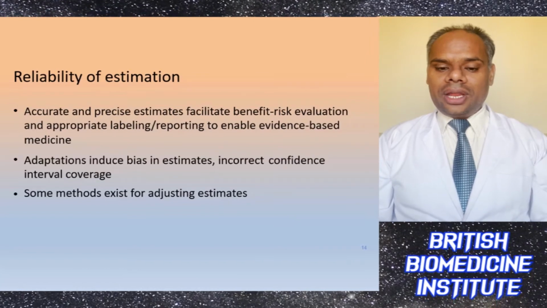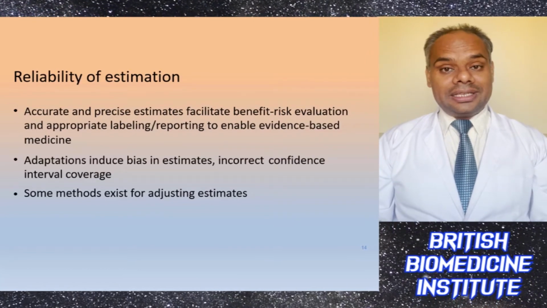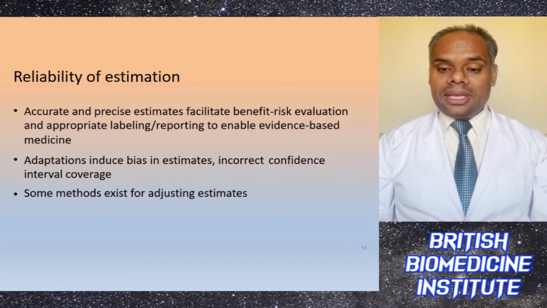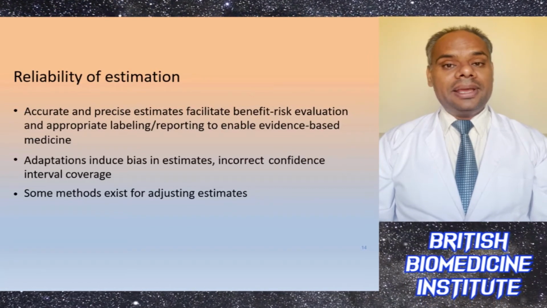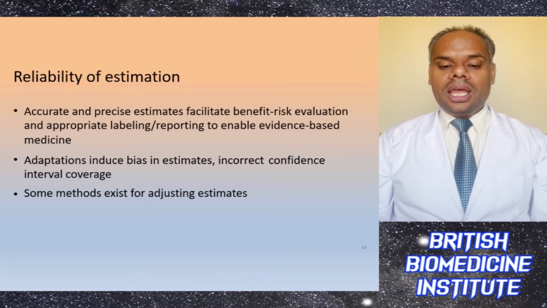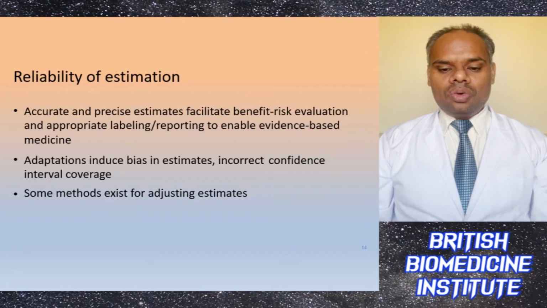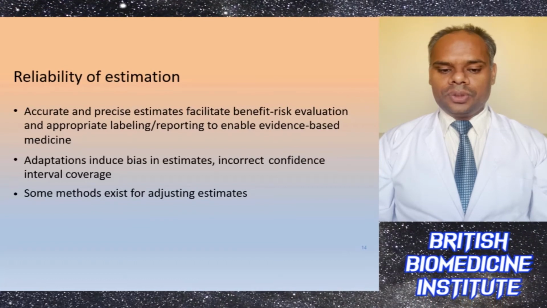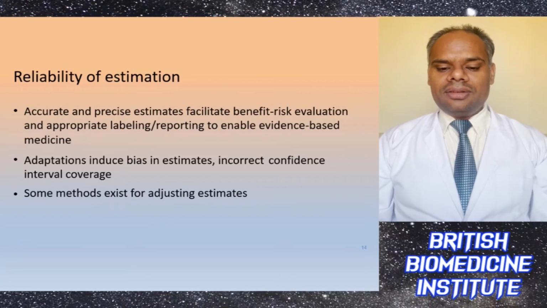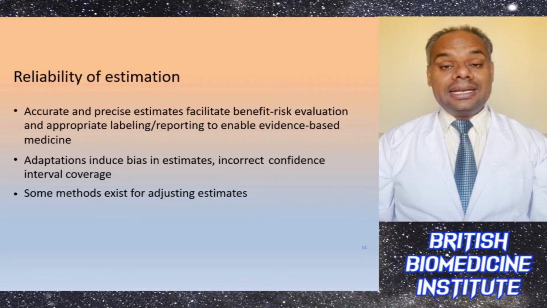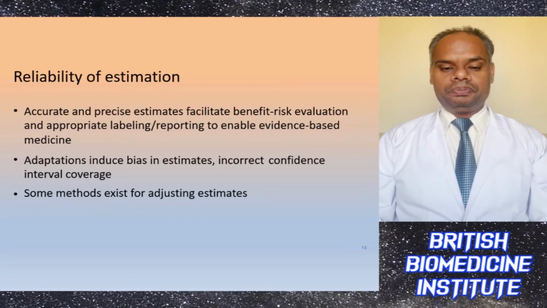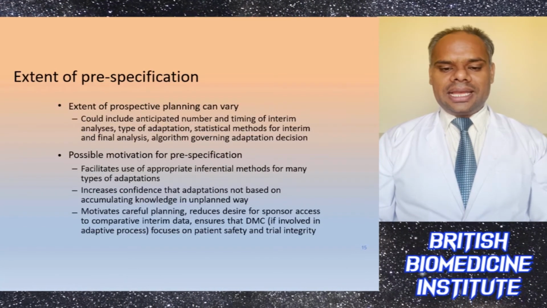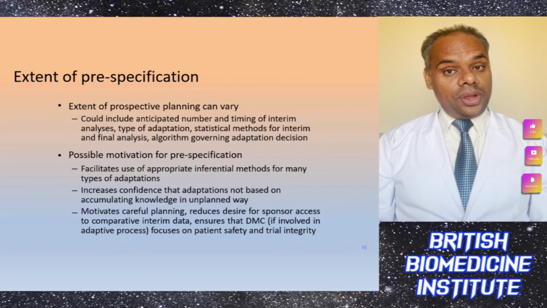It basically requires accurate and precise estimates which facilitate risk-benefit evaluation and appropriate labeling and reporting to enable evidence-based medicine. Adaptations can introduce bias, incorrect confidence interval coverage, and for some methods there can also be issues with the existing estimates.